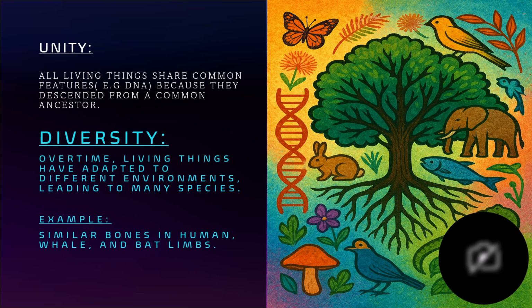Over time, living things have adapted to different environments, leading to many species. The change in the environment, the change in weather, the change during the year, mutation, lots of things made species different. We are going to study this. For example, we will find similar bones in humans, whales, and bat limbs, because we still have some similarity.